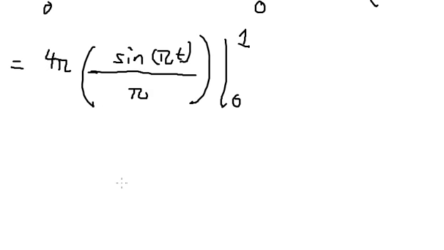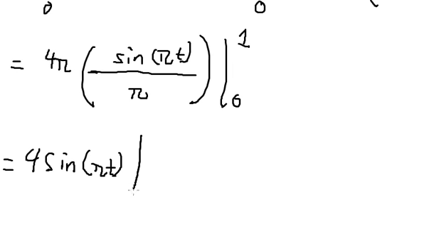So b and b cancel. We put 1 in here, 0 in here, and we have 0.